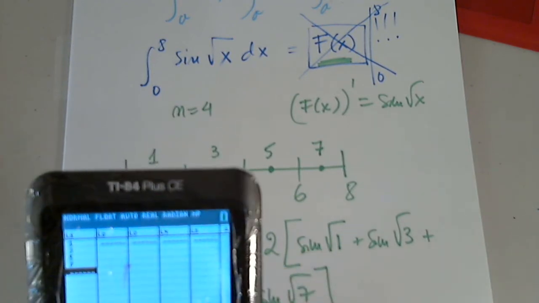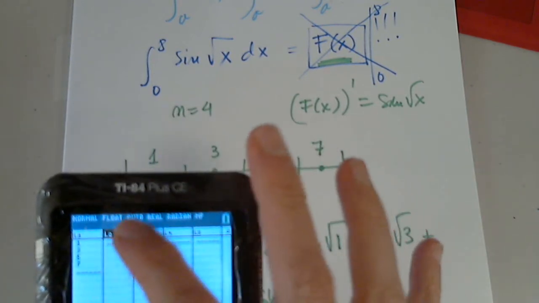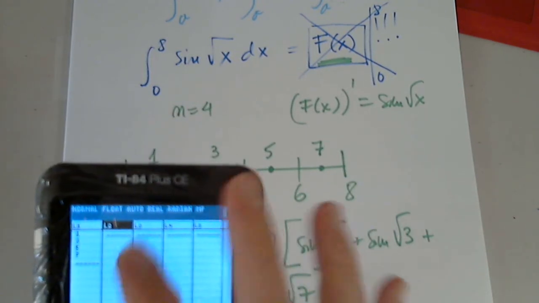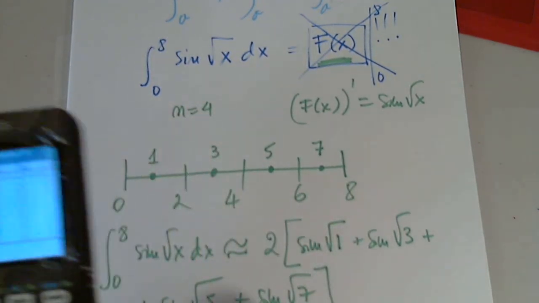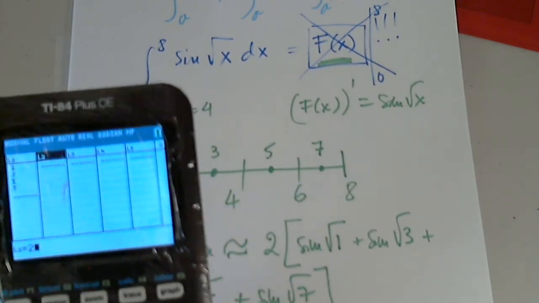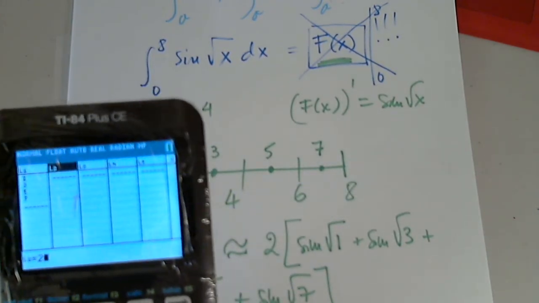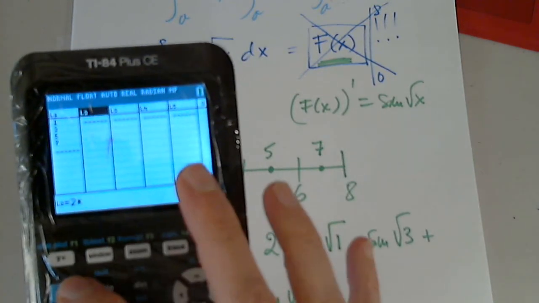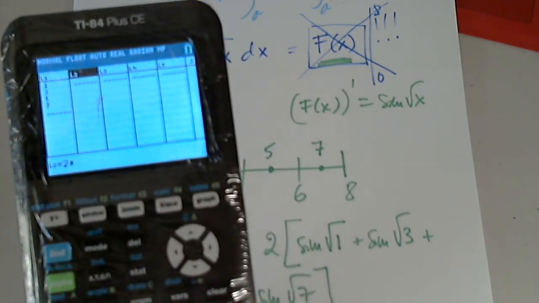Once I have this, I will go to the top of list L2, and I will tell L2 what to do with L1. It will have to do 2 multiplied by, there is no need for multiplication, but let's put the multiplication symbol, list L1.